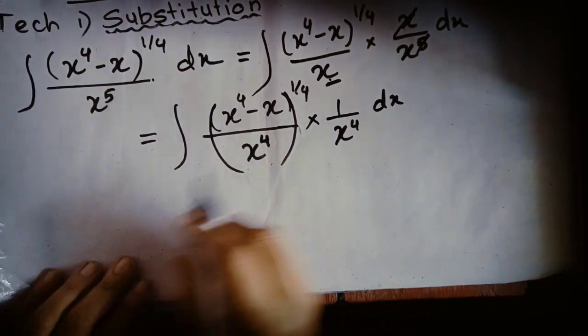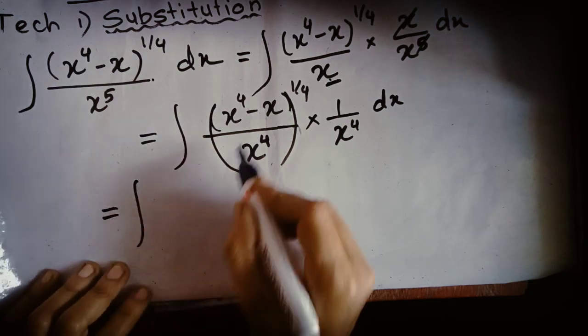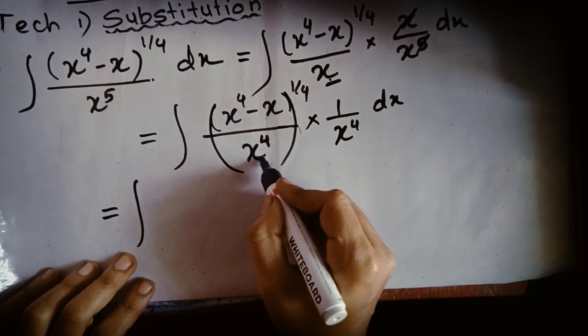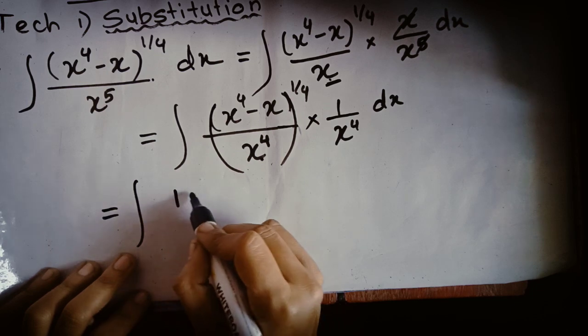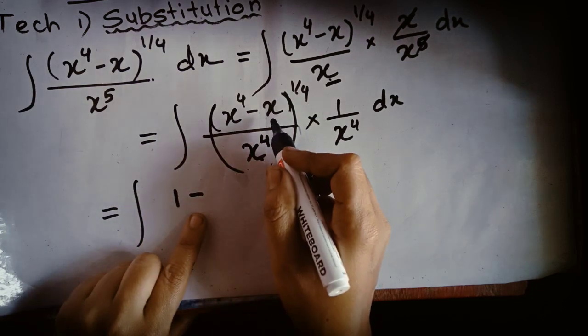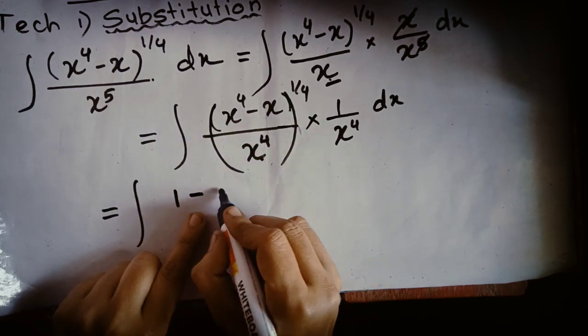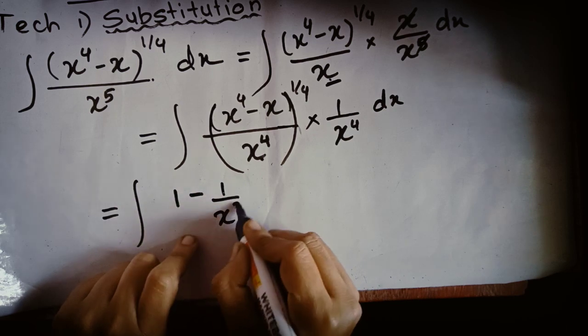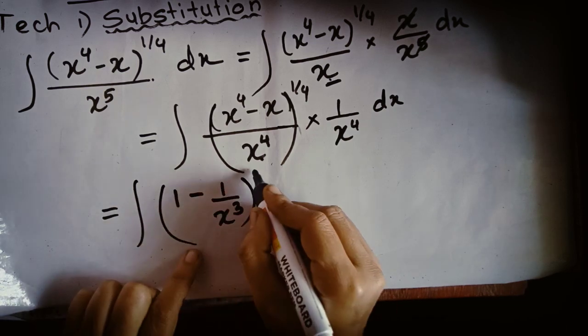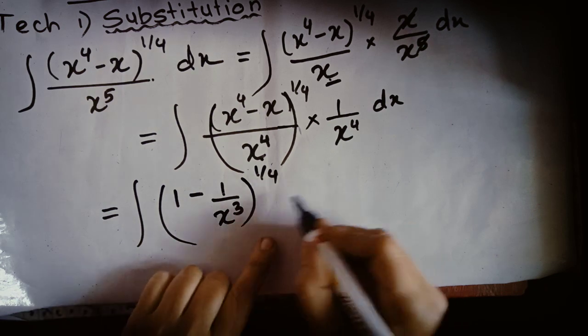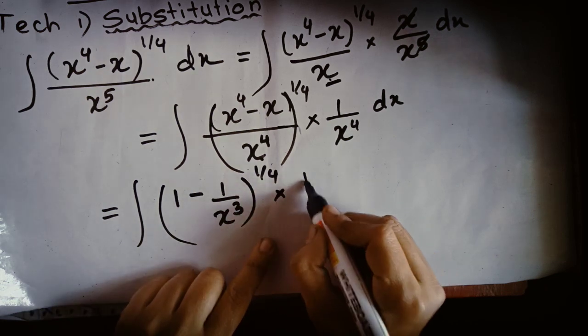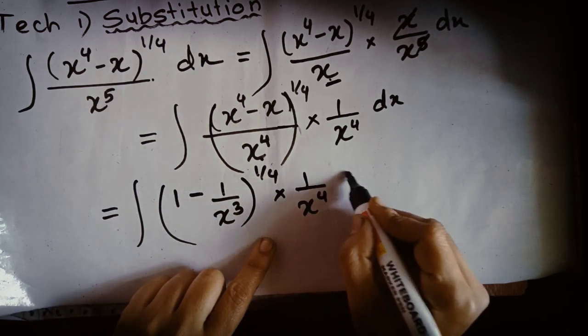Now do the division. So this will be x raised to 4 upon x raised to 4, which is 1, minus x upon x raised to 4, which is 1 upon x cube, whole raised to 1 by 4, into 1 upon x raised to 4 dx.